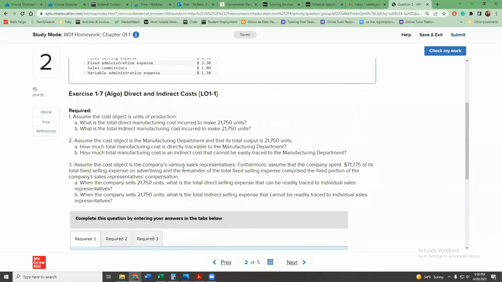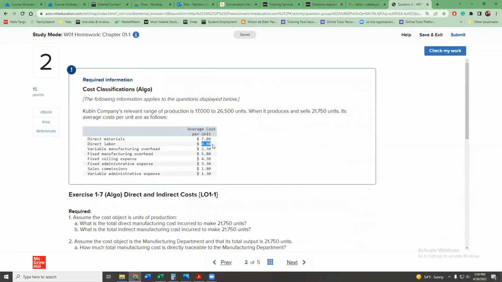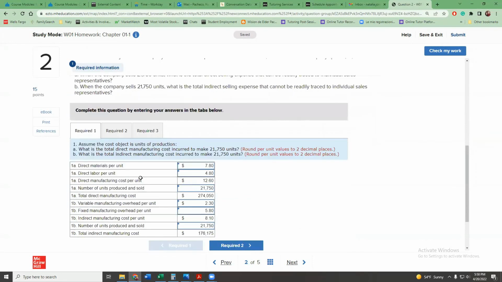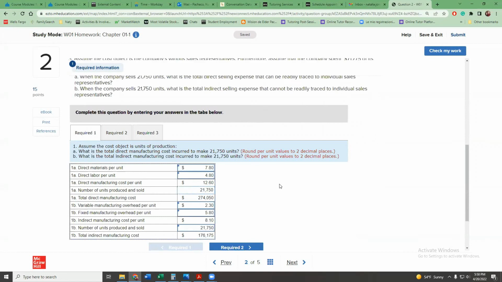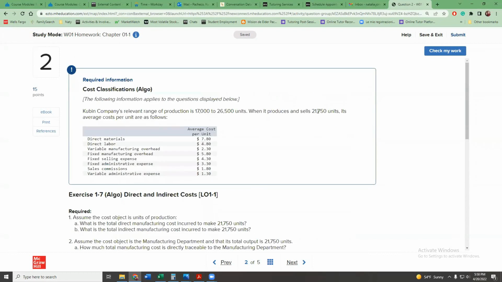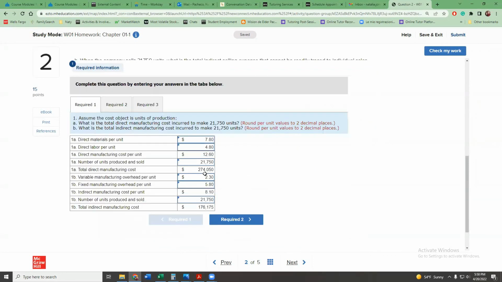Direct labor per unit, same thing, 480. And then they calculate automatically that the direct manufacturing cost per unit is 1260. Then the number of units produced and sold, they gave us that number right here, so 21,750. And the total direct manufacturing cost is automatically multiplying this 21,750 times 1260.